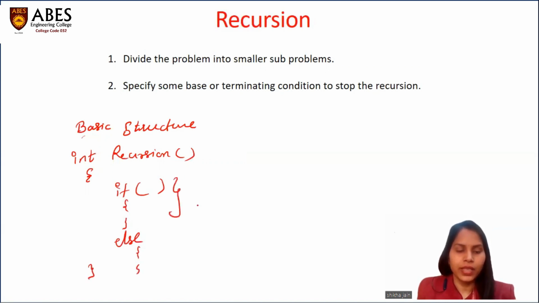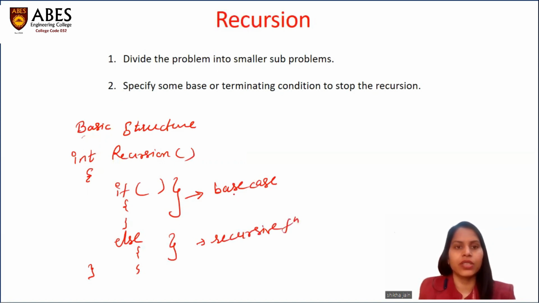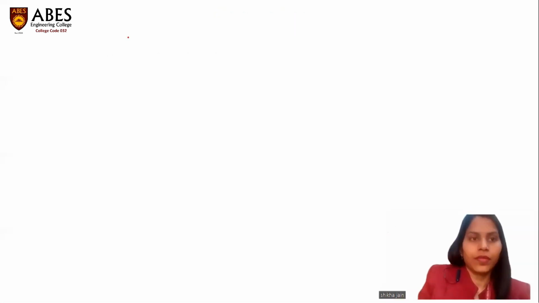So in this if condition, we must specify the base case or base condition, and in this else part we must specify the recursive function or recursive procedure. So this is the basic structure of recursion. Next we will see in detail the process of these two statements.